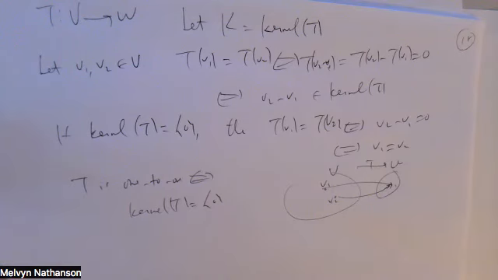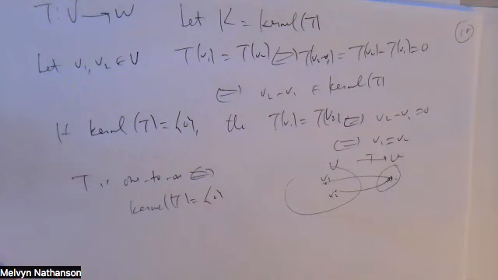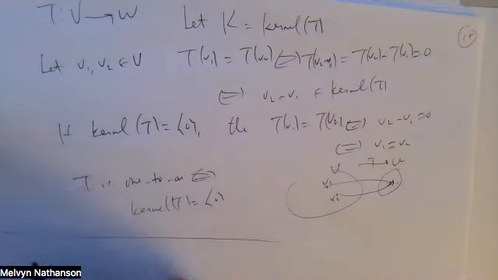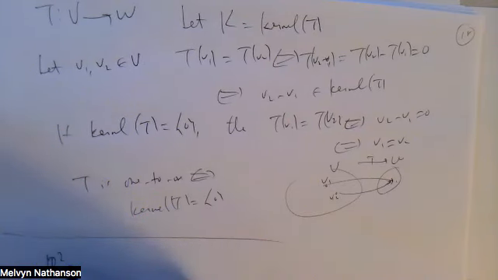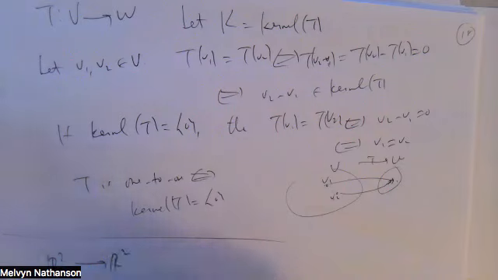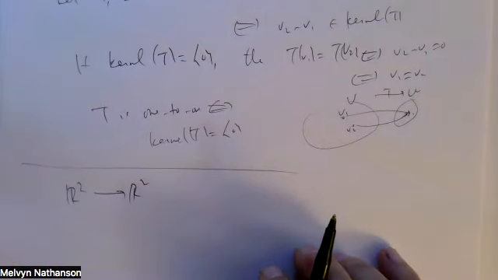There are two other linear transformations that are very important because they're basic and they're actually kind of simple. So let's consider R2 and a function from R2 to R2, a linear transformation.